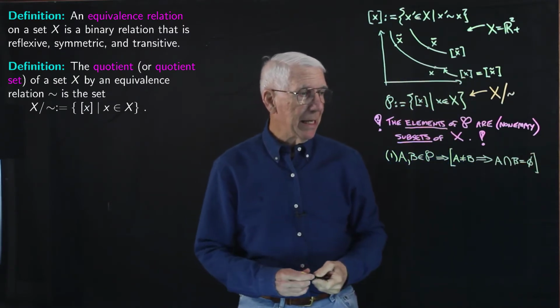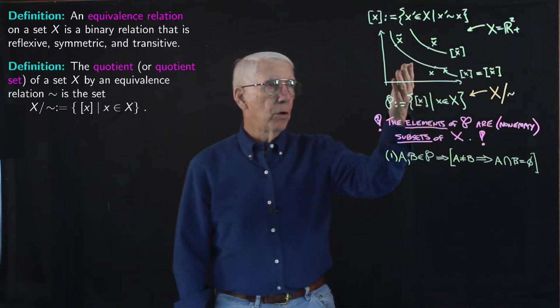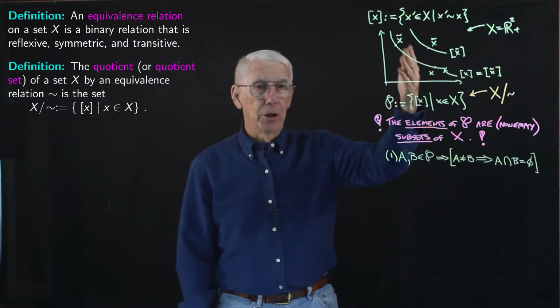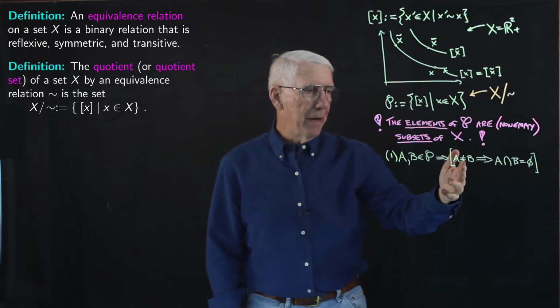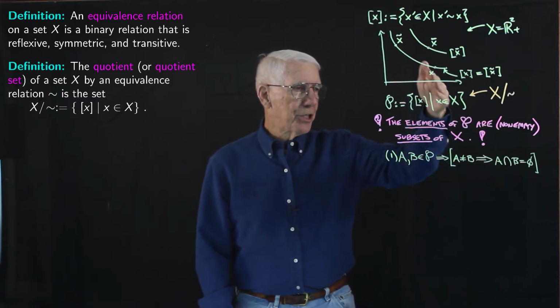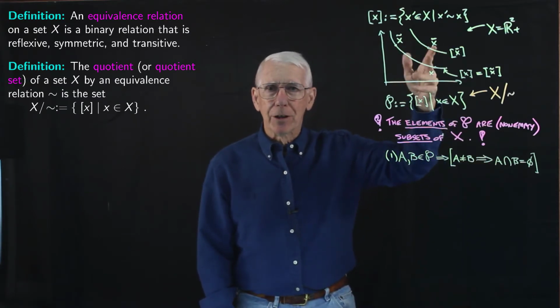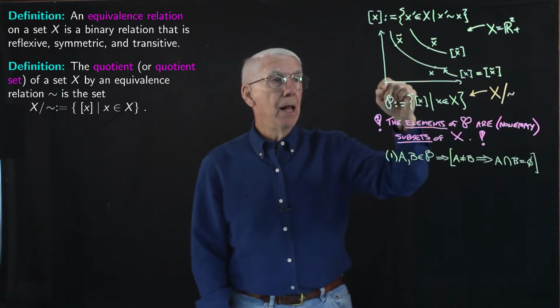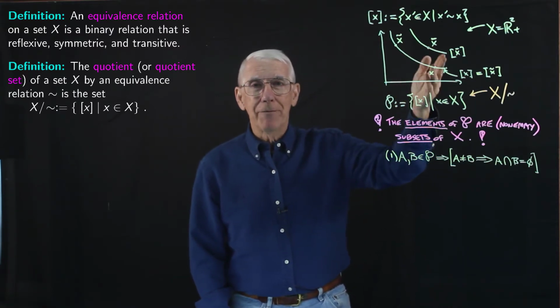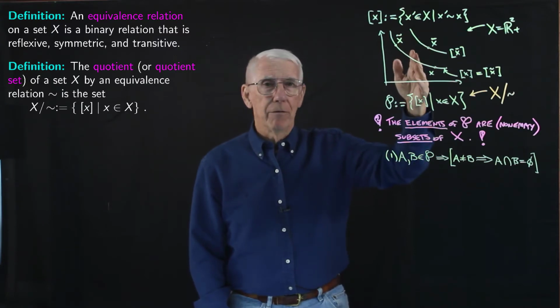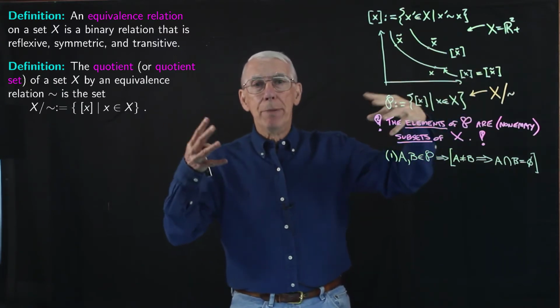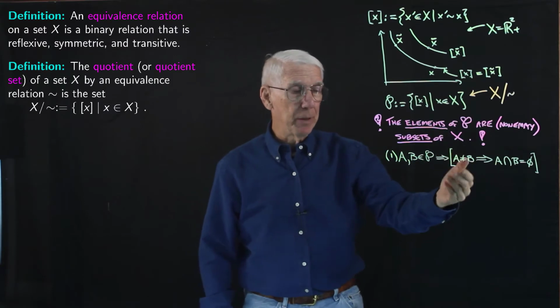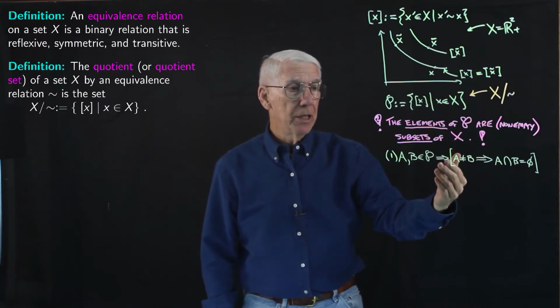They can't have any elements in common. And of course you can see that in the indifference curve example. We can't have any intersection between two indifference curves. Then we would have a particular bundle that would be on more than one indifference curve, and that would mean that it's really all one big indifference curve. Again, it would just be one single set.